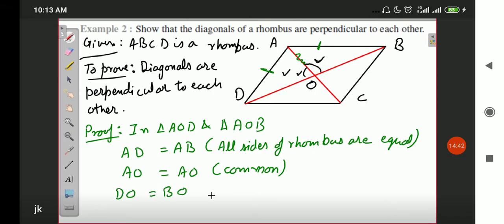Why so? Because we know that for a parallelogram, diagonals bisect each other.